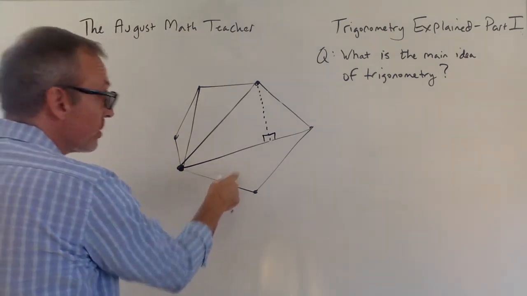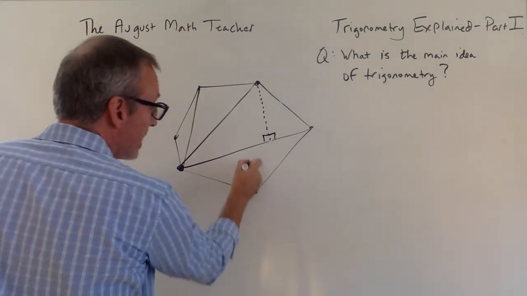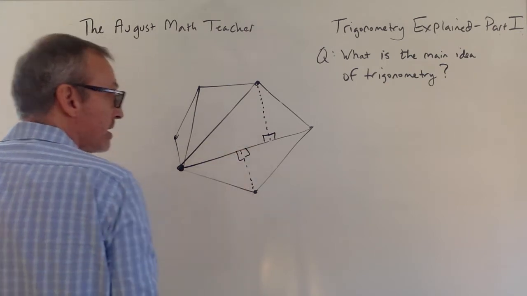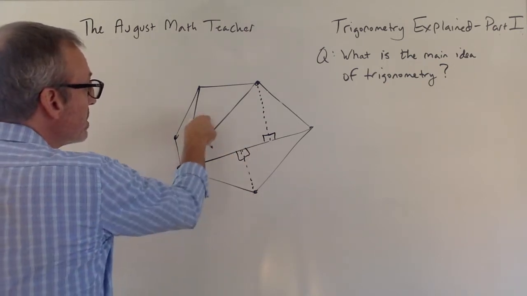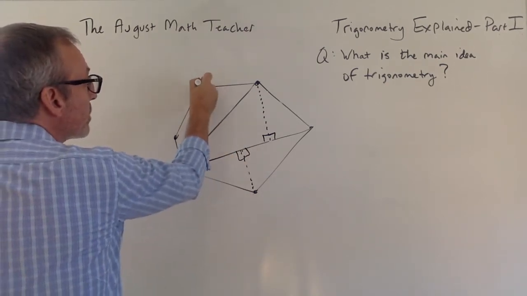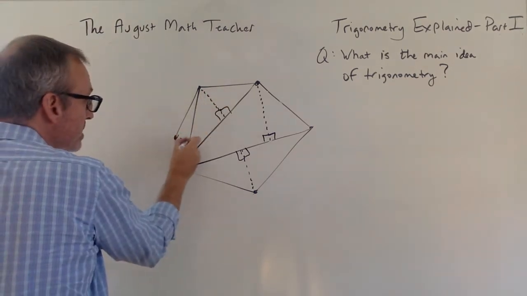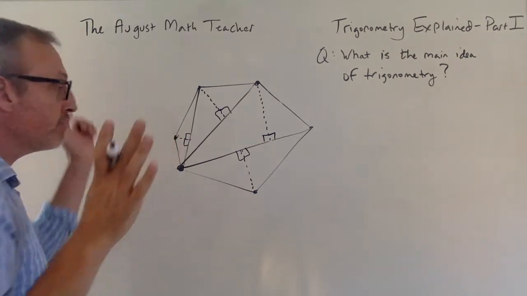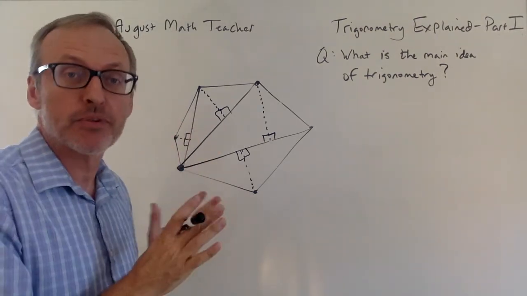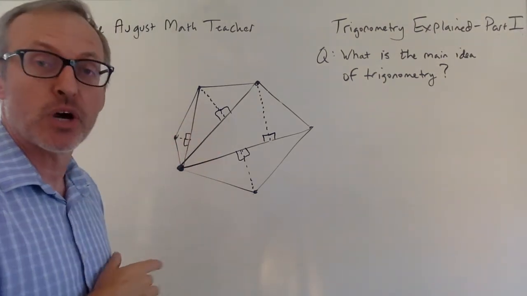If you go to this triangle, notice this is the biggest angle. I could make a perpendicular down to this side, a right-angled line. If you go to this triangle, it looks like this is the biggest angle, so I could make one right here. And this one, it looks like this is the biggest, so there's a right angle. Now, other polygons you make might have the biggest angle in different places, but I want you to notice you can always do this.